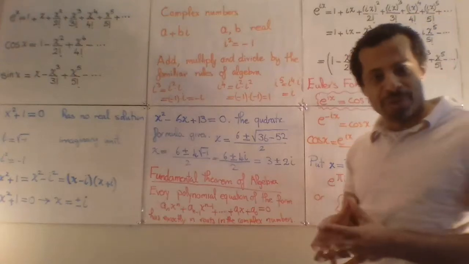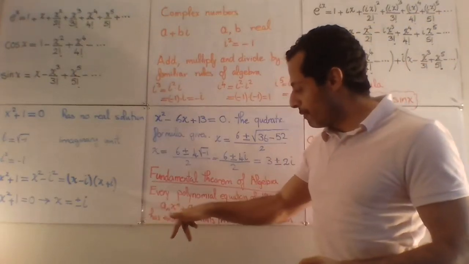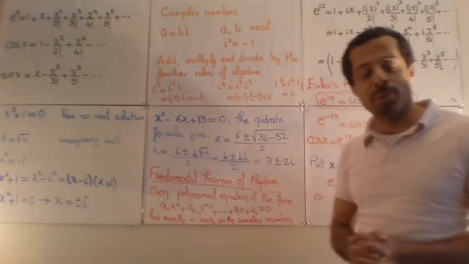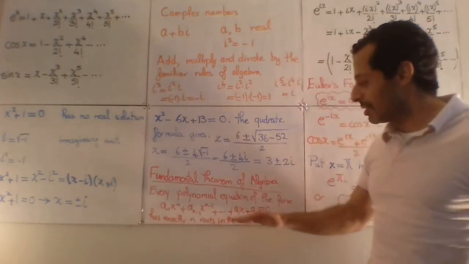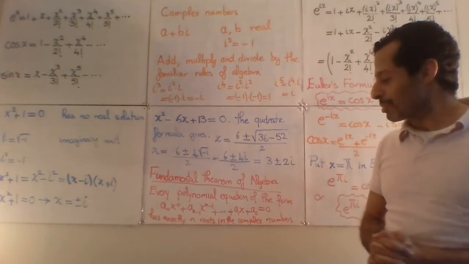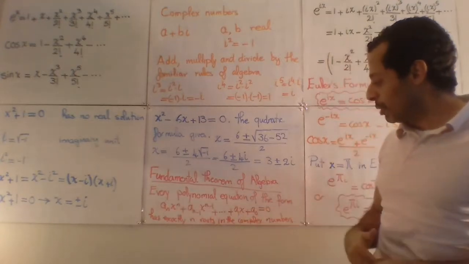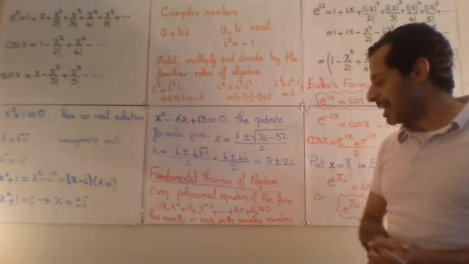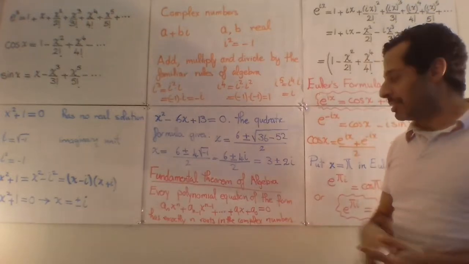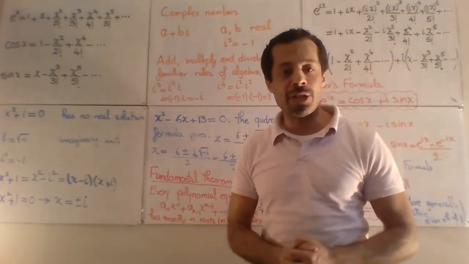Moreover, even if you allow the coefficients of the polynomial to be complex numbers, not just real numbers, this result is true: every polynomial equation, even with complex coefficients, has exactly n complex roots. This theorem is called the fundamental theorem of algebra.